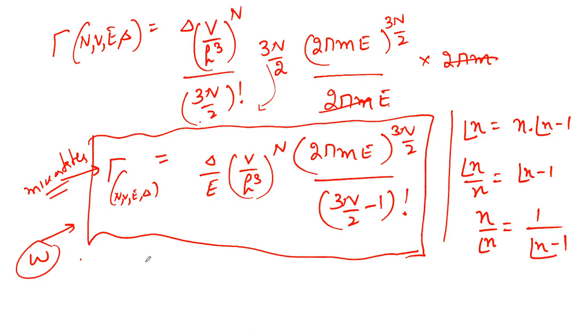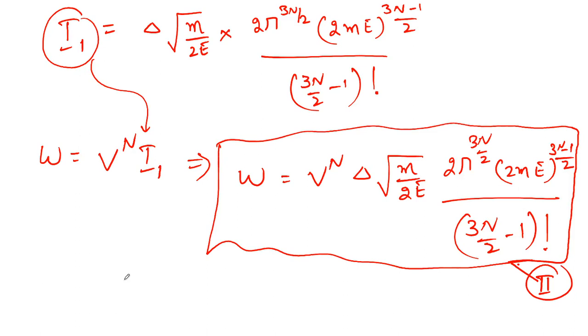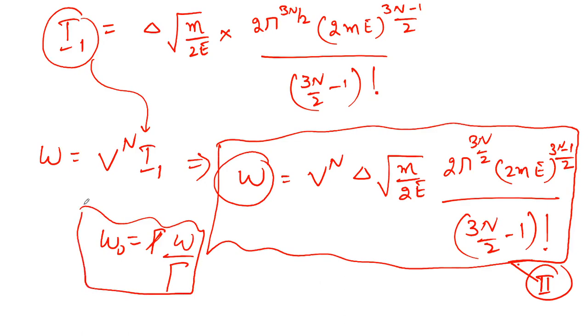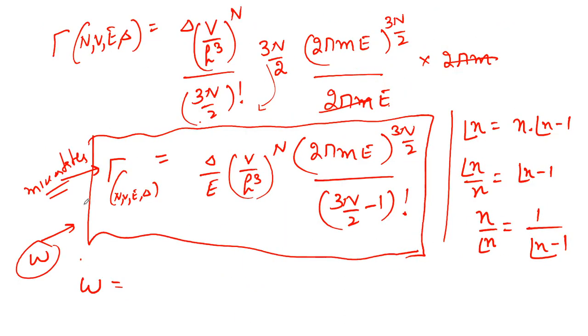So we know that the value of omega naught, which we derived in the previous equation, is equal to omega over sigma. So we need to equate these two equations, omega and sigma, and from that we can find out the value of this omega naught.